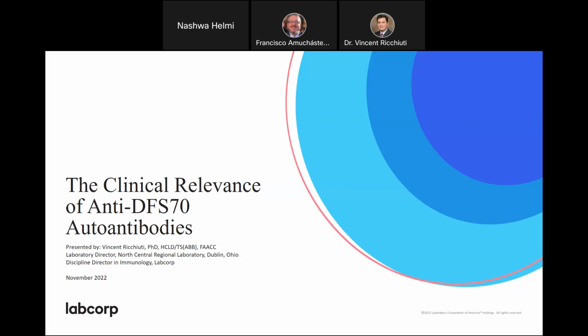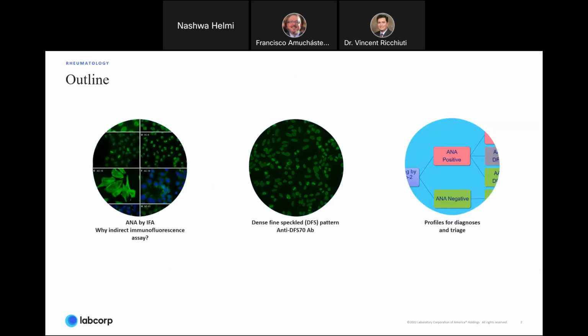So we're going to talk about the clinical relevance of the dense fine speckle pattern and the antibody associated, which are called anti-DFS70 autoantibodies. And first, we're going to look at the outline of the presentation. One question you need to ask yourself is, what is ANA?